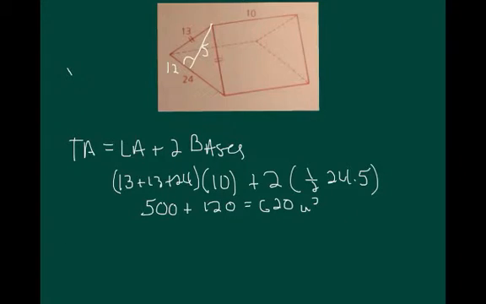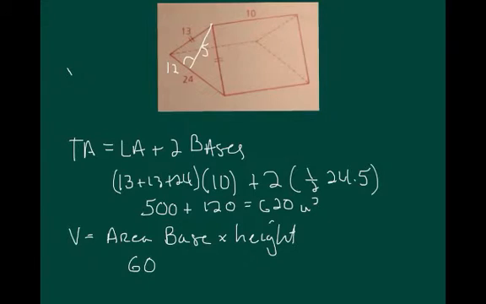All right, now when we look at the volume, we're going to take the area of the base, which we've just calculated, and multiply that times the height of the prism, which is 10. So area of the base we'll take from the prior problem, and that's going to be 60 units times the height of 10, so the volume is going to be 600 cubic units.